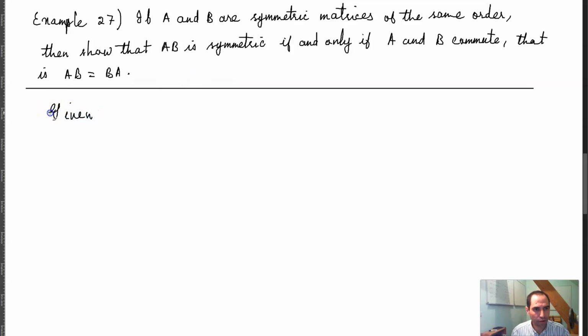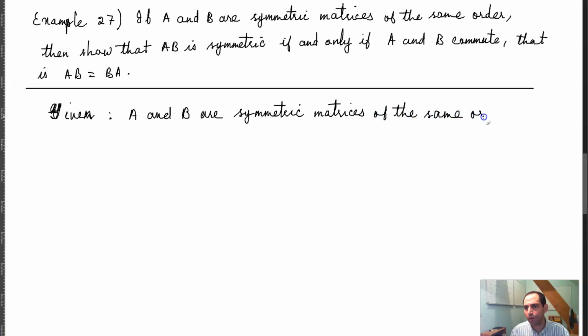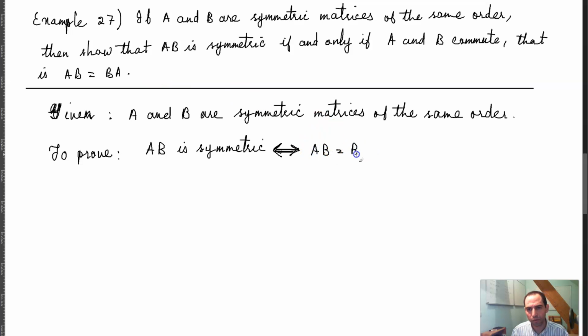Now you want to prove that AB is symmetric if and only if A and B commute, meaning that AB is equal to BA.